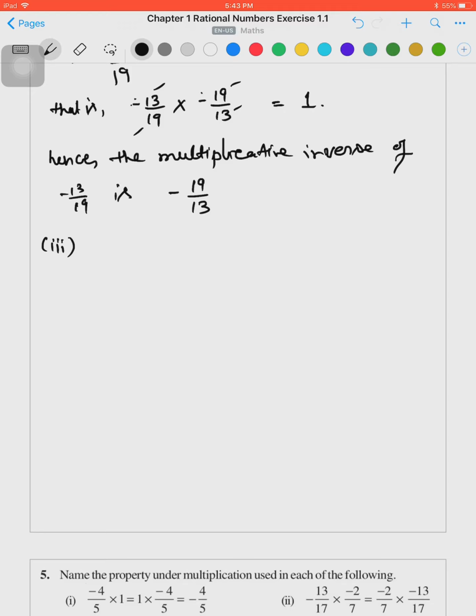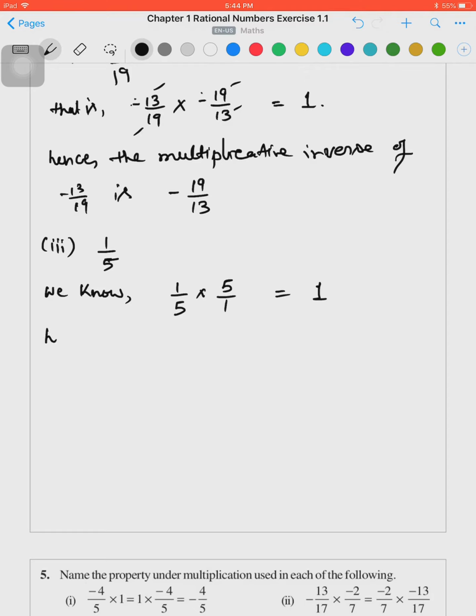Moving ahead, the third part is, next we have 1 by 5. We know when 1 by 5 is multiplied by its reciprocal, that is 5 by 1, it will result into 1.